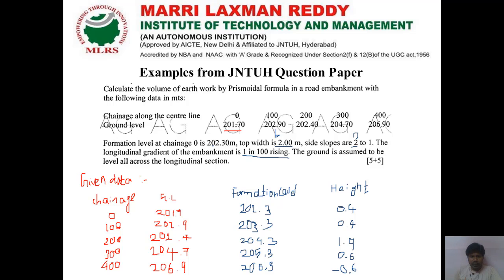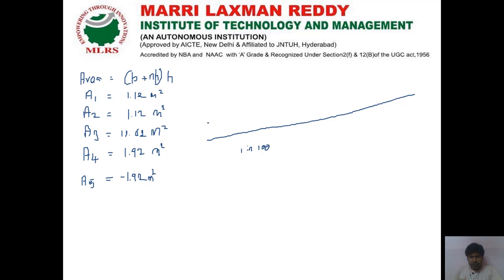Here the chainage at 0 meter and the formation level at 0 meter is 202.3 meters, so the land may get increased like this.